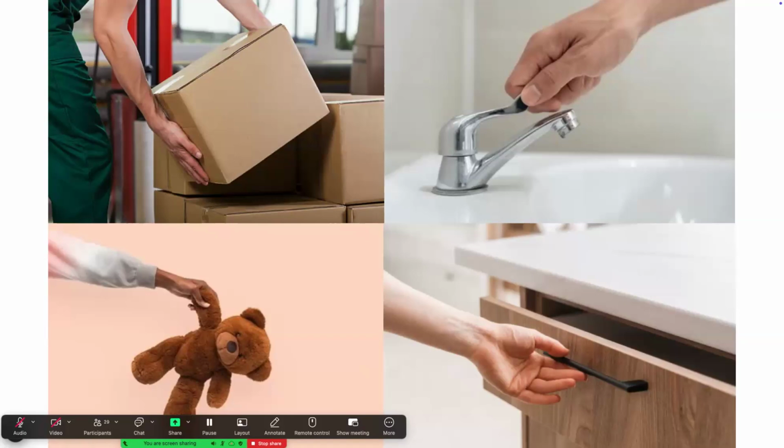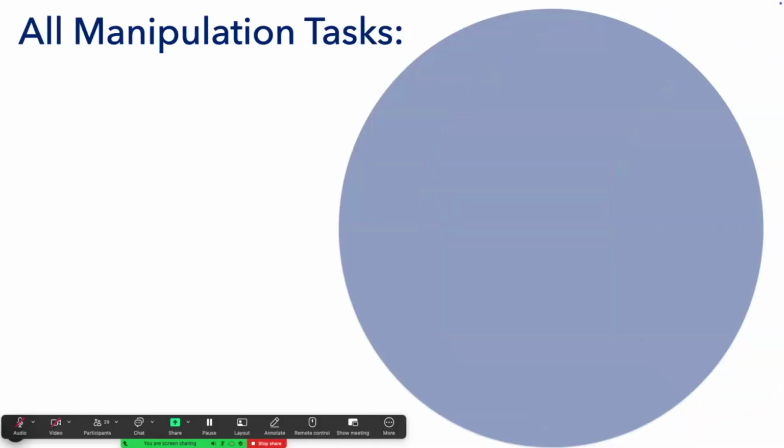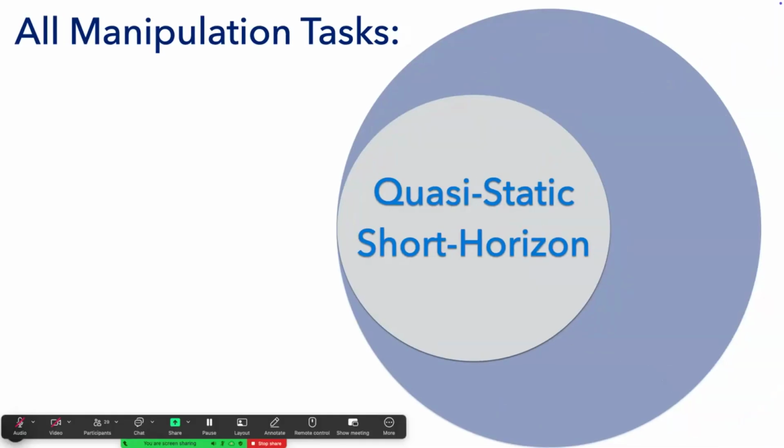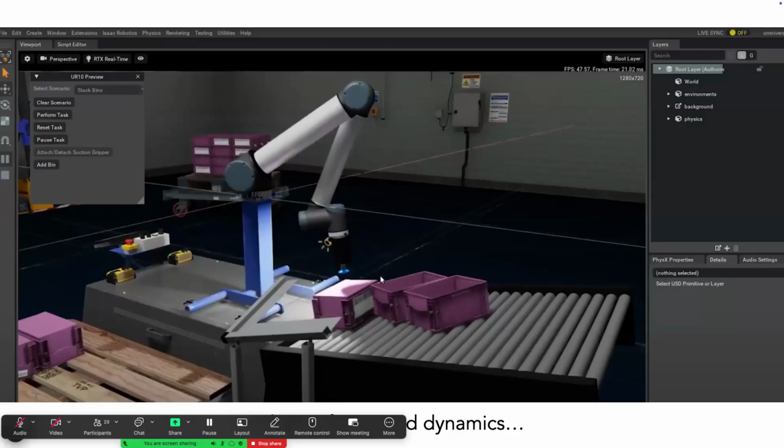Now, that actually covers a fair amount of the simple manipulation pick and place tasks that you see here. If you look at that subset, the quasi-static and maybe short horizon set of tasks, then it turns out these can be modeled by taking out the dynamics.